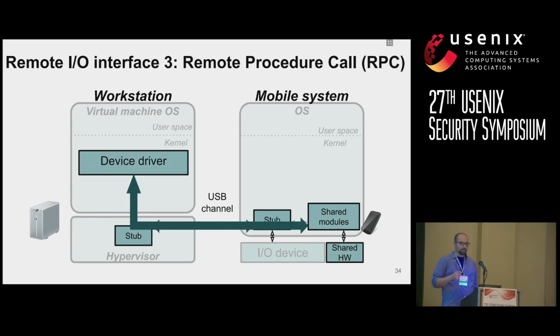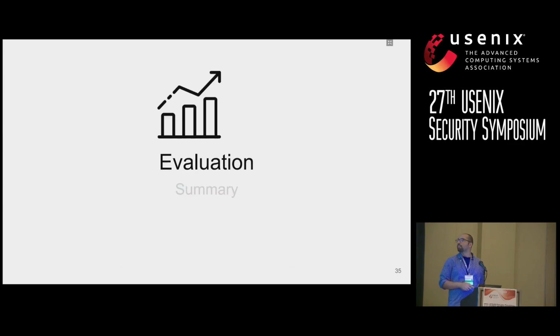So we can manage those resources remotely from our workstation. By having these three interfaces, the device driver will successfully initialize and work inside the virtual machine, and we can run different dynamic analyses on top of that. Let's see how well this system works.